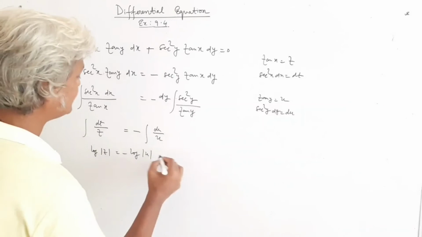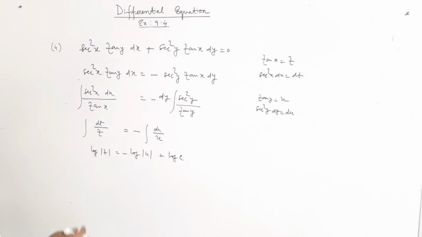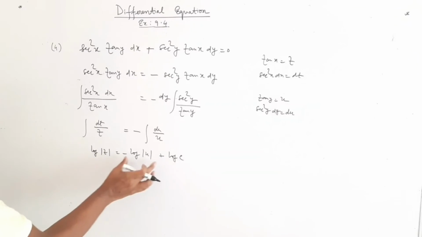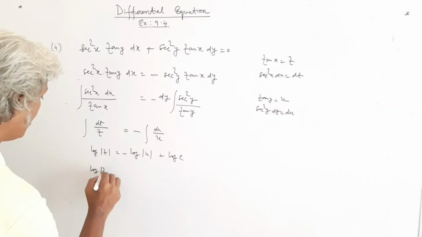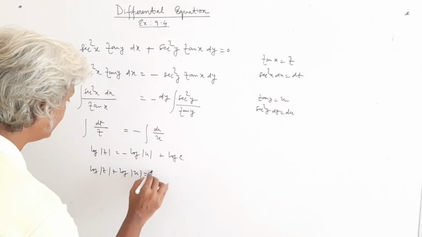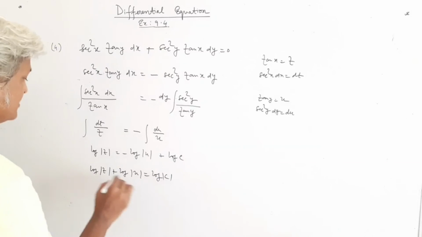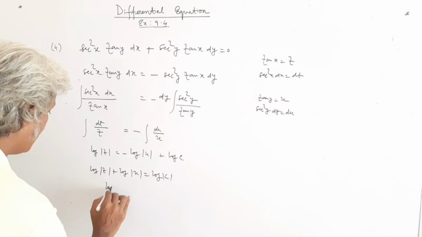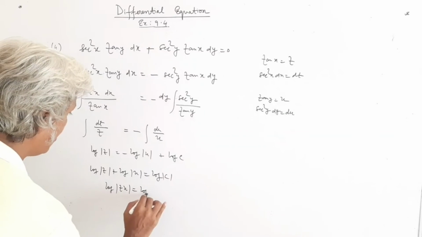When you find this kind of situation, you make your constant also in terms of log c. Now take this on this side, so these two will be added. So you get log mod t plus log mod u is log mod c. So now this becomes log tu is log mod c.